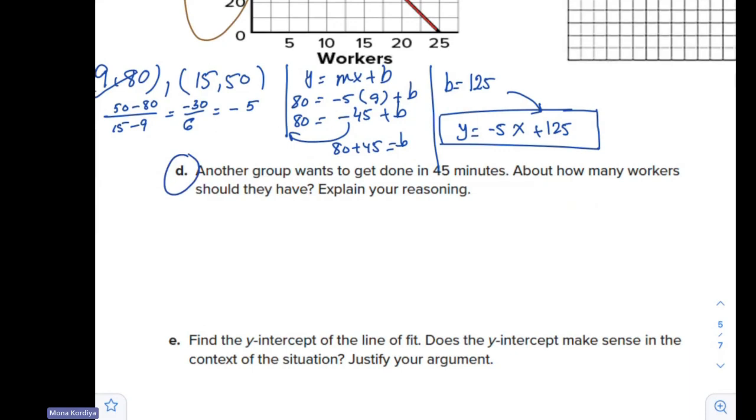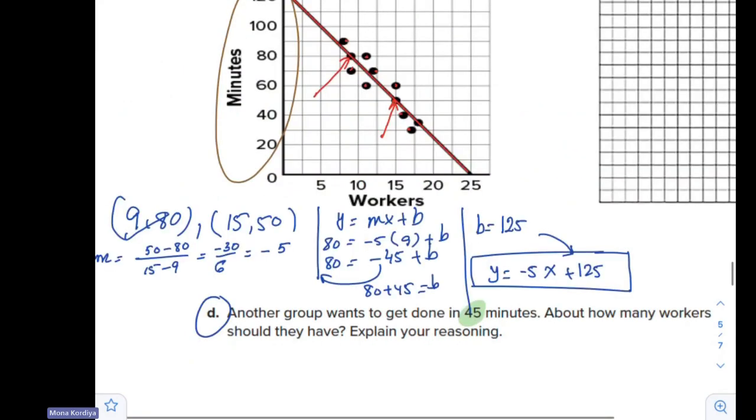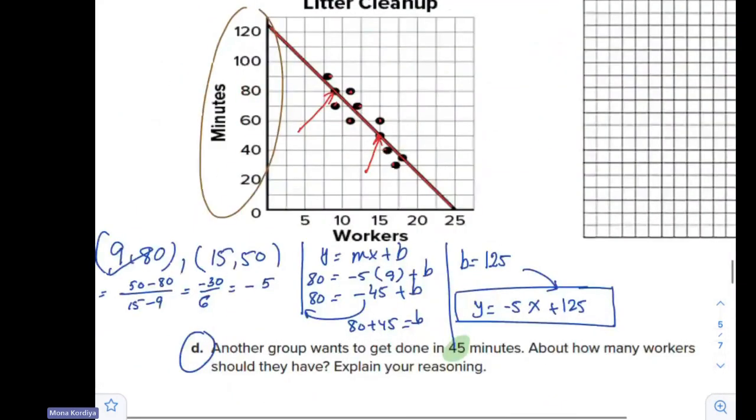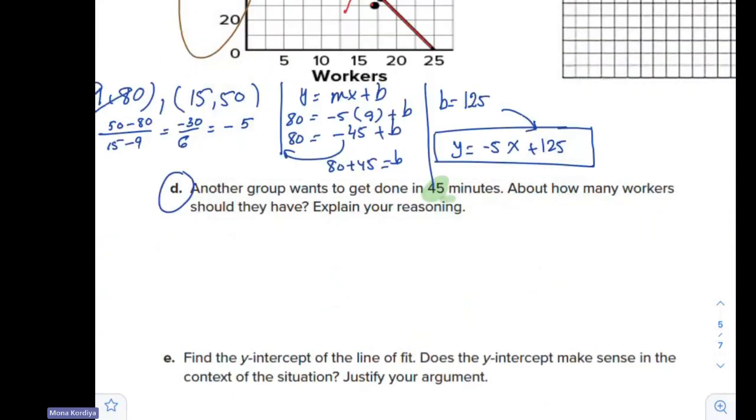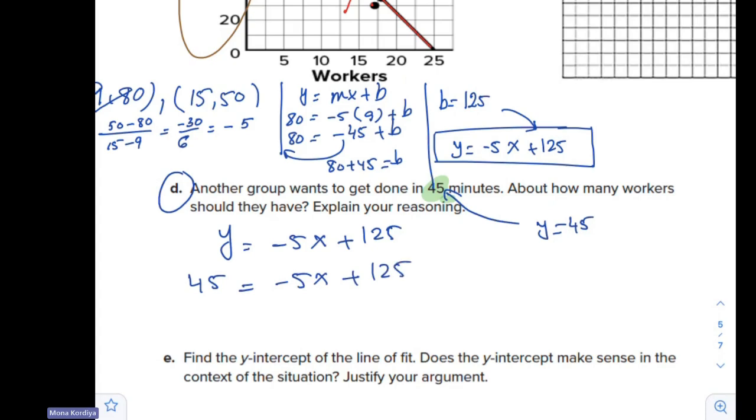Another group wants to get done in 45 minutes. So we have the time here. The time here is what, X or Y? It's Y. So Y here is 45. So I will use the equation here, replace Y with 45, and find X, because we said X represents the number of workers.